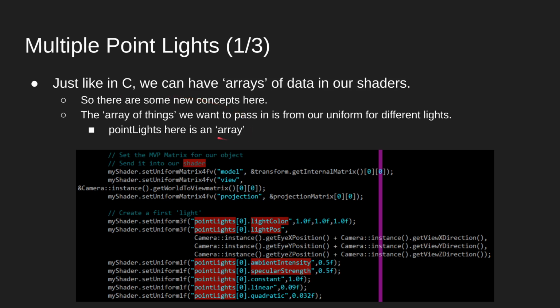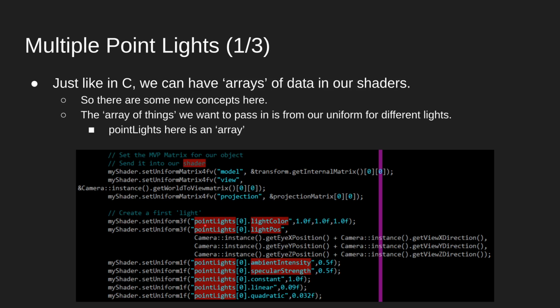So there are a few new concepts here. They were maybe touched on a little bit in the last lab in your fragment shader where you saw light and point light 0, but here we actually have point lights which we're going to send into our uniform as an array. Okay, so we're going to set up our lights as uniforms.